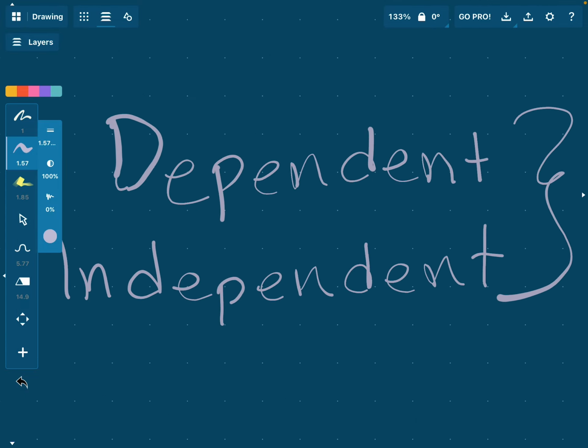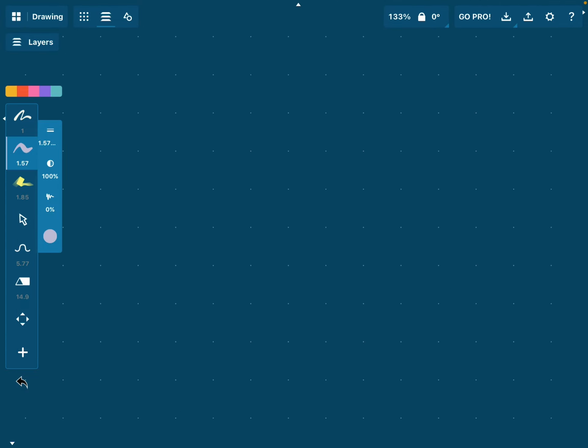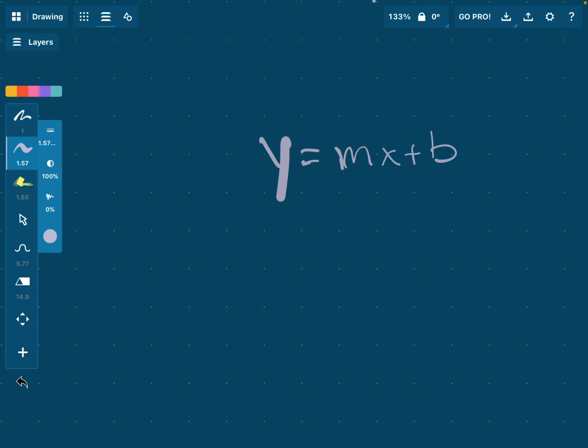Well, a dependent variable is exactly what the name suggests. It depends on something else. So here we have y is equal to mx plus b. Our y is dependent on what our x value is. That's why we plotted our x first, and then we plugged those in to get y.